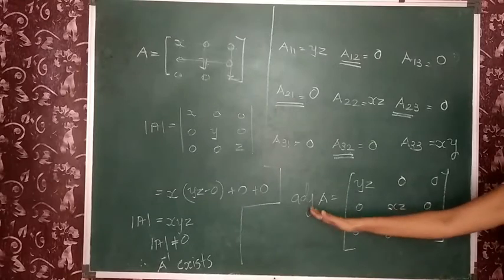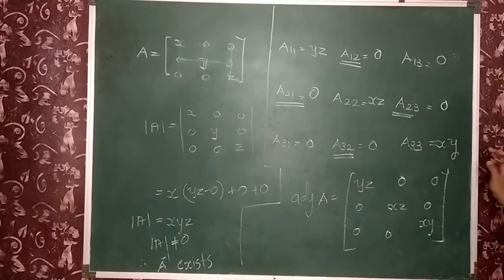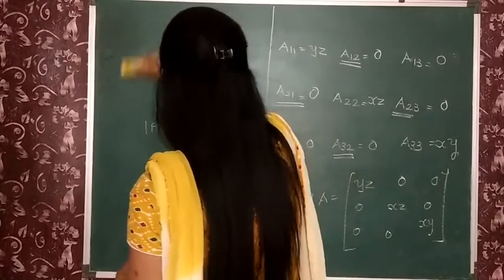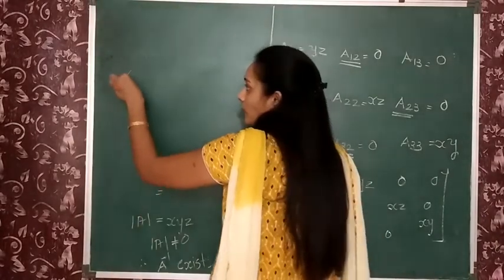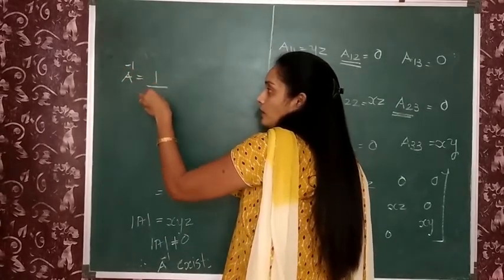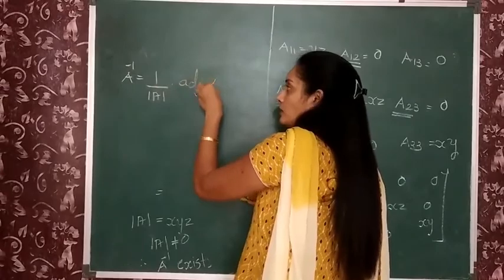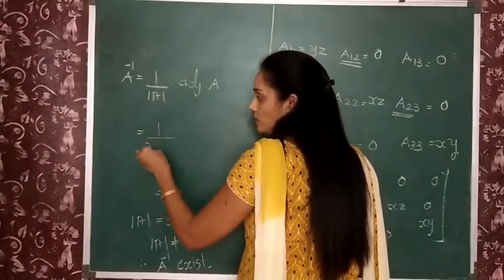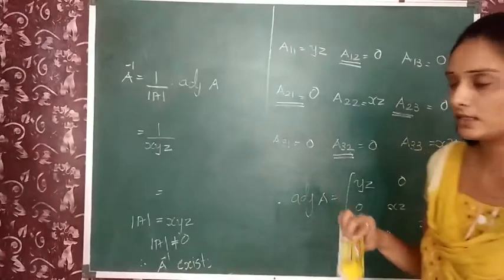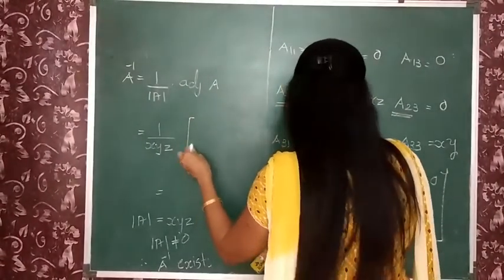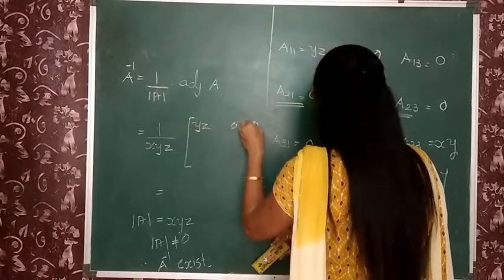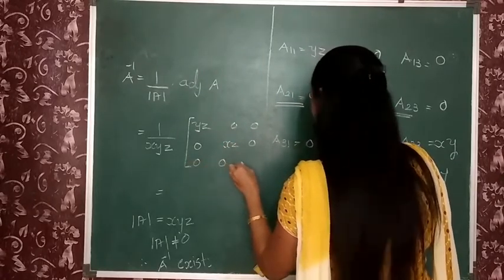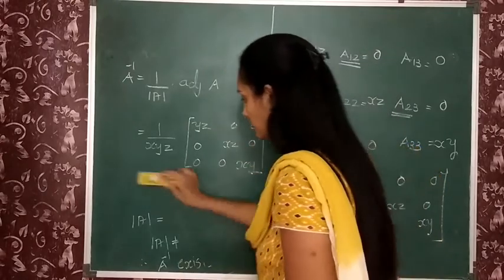So we find the adjoint of A. Now to find A inverse, A inverse is equal to 1 upon the determinant of A into the adjoint of A. So 1 upon the determinant of A, we can write xyz, into the adjoint of A: yz 0 0, 0 xz 0, 0 0 xy.